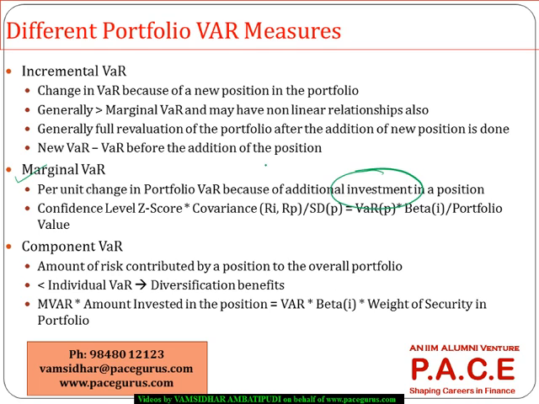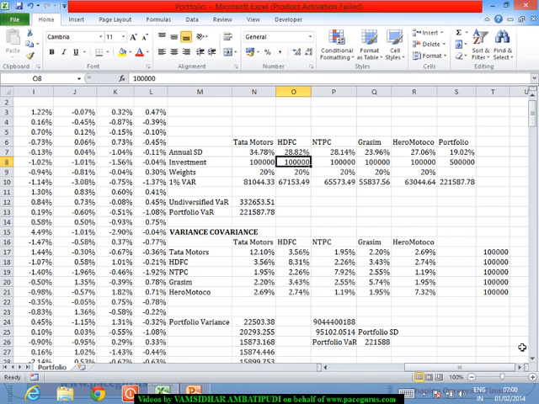So for that, a straightforward mechanism to look at is I can go with the confidence level Z score and the covariance that exists between the security returns and the portfolio returns. Let me now look at the covariance with respect to the portfolio.